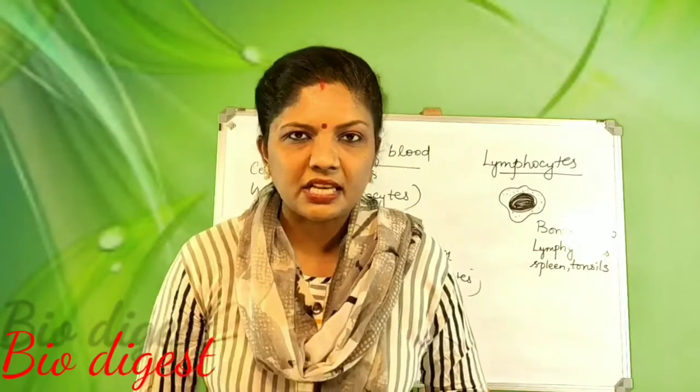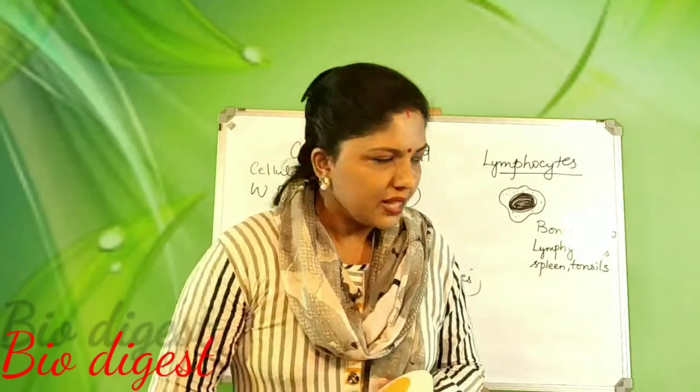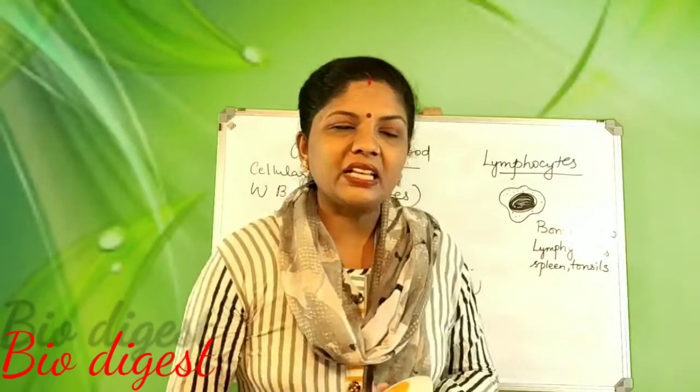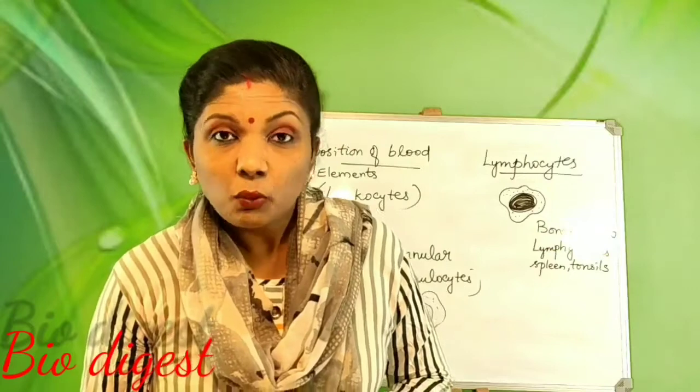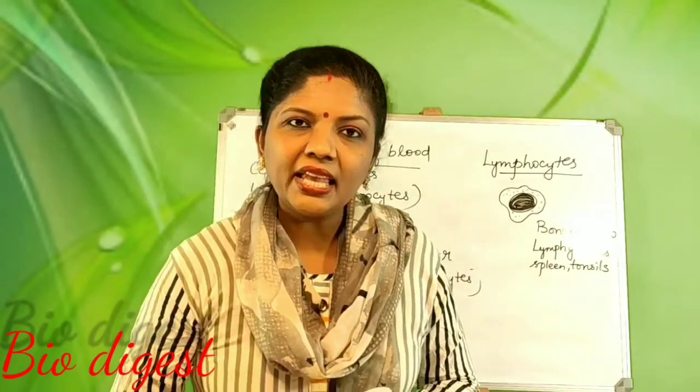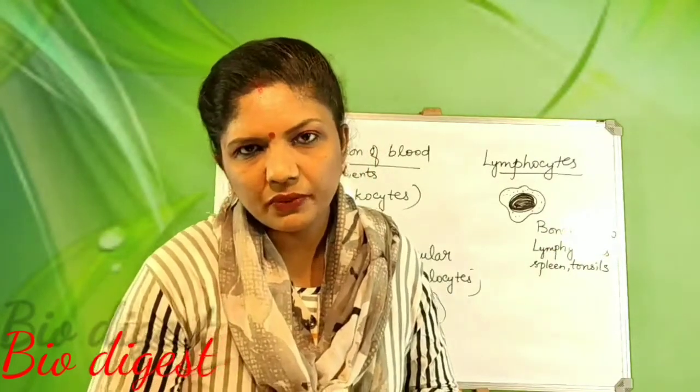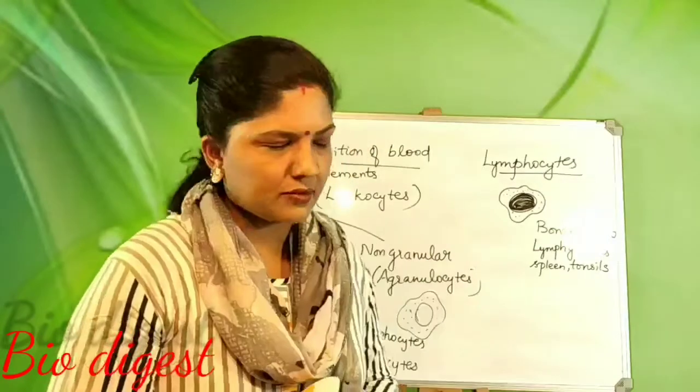Granules are absent in the cytoplasm. They are produced in the bone marrow and in the lymph glands like the spleen and tonsils. What is the function? Again, ingesting germs or phagocytosis.